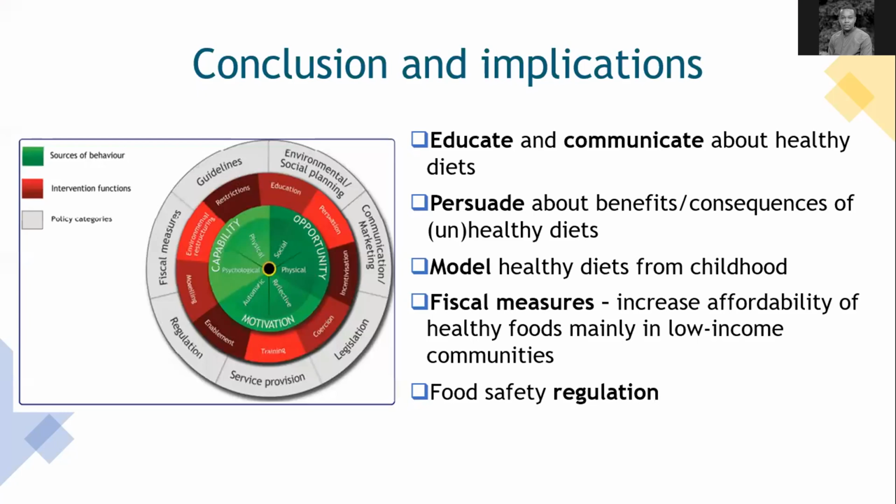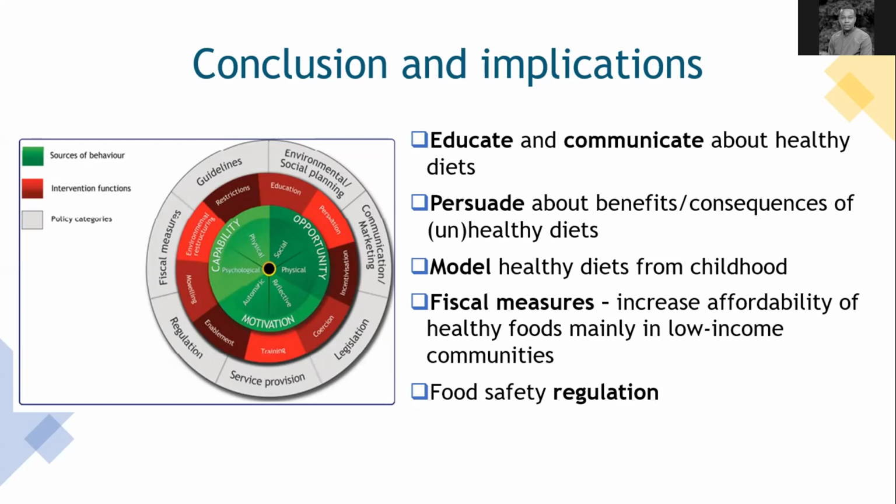So going back to the behavior change wheel, and from those sources of behavior, we can intervene at various policy and intervention functions. We can educate and communicate about healthy diets using mass media, using health education sessions, so that people can know the composition of a healthy diet, that a balanced diet is not always a healthy diet, and communicate about the servings of fruit and veg that are needed.